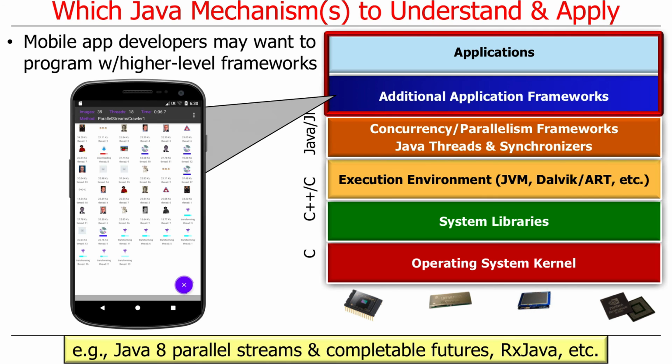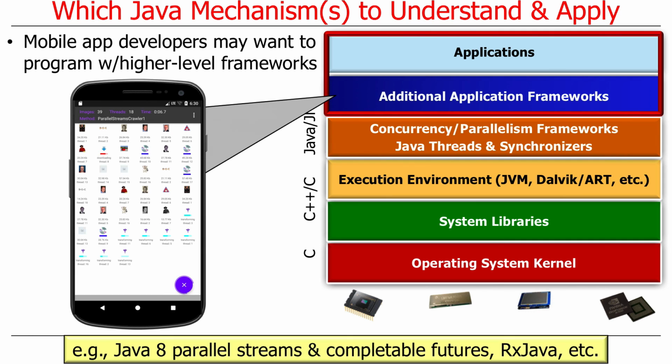Yet another perspective are people building mobile applications, or really applications. And again, depending on how their programs are designed, they may end up wanting to access these higher level frameworks, things like Java 8 parallel streams or completable futures, RxJava, some of the Kotlin mechanisms that are available, and so on, fork join pool.